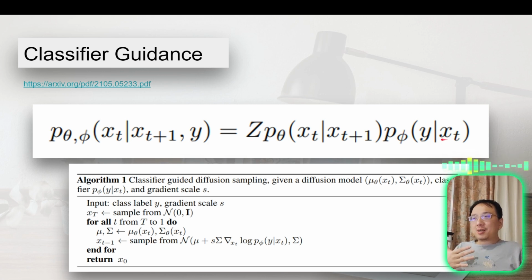Suppose we are considering y as the class. This is basically saying, let's take an image xt. What is the class of the content in this noisy image?